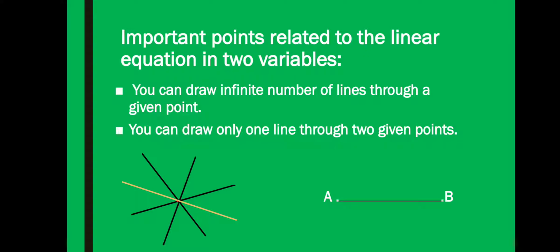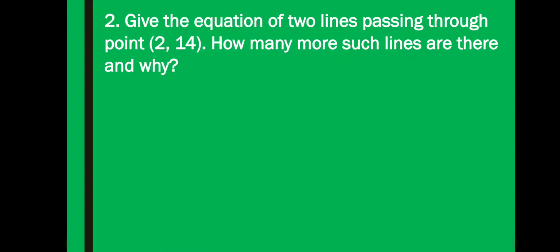Now we'll start our next question, that is question number 2 of exercise 4.3. The question is, give the equation of two lines passing through the point (2, 14). How many more such lines are there and why? You have to give only two lines which can pass through the point (2, 14).